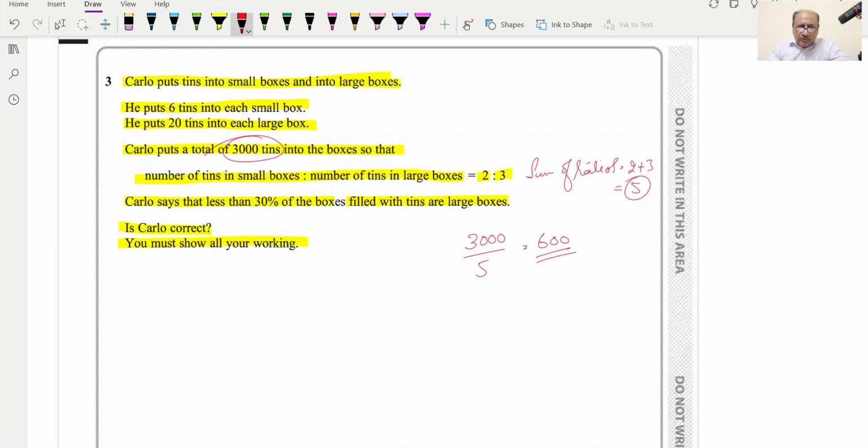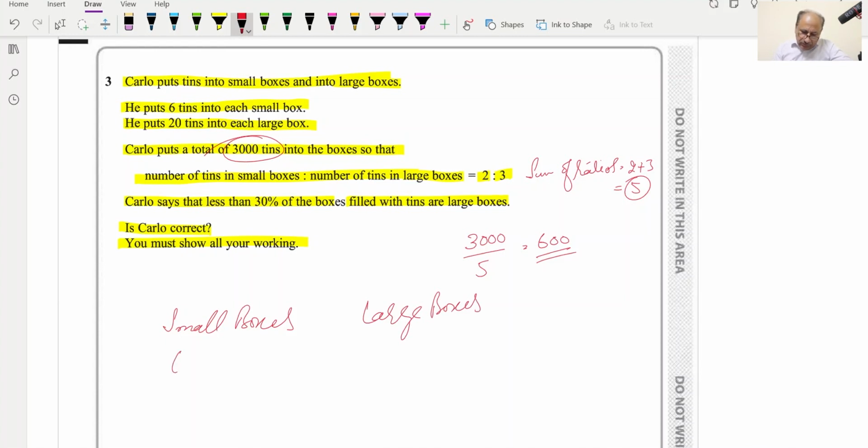Now for the number of tins in small boxes, we can check for small boxes and for large boxes, so 600 each.